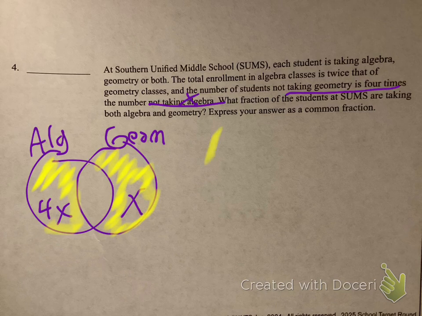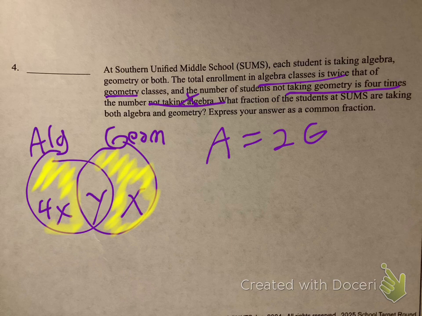So I know that the number of algebra students is, if I double the number of geometry students, that equals the number of algebra students, because that was given in that first statement. Well, why don't I call this y where they both are?